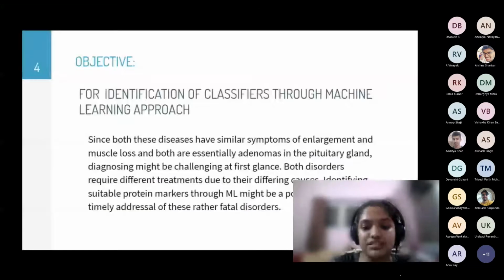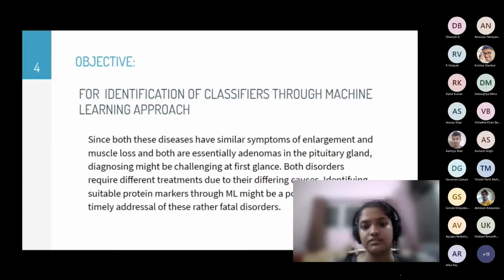When somebody goes to a doctor trying to address these symptoms, it would mostly be difficult to say at a glance whether a person is affected by acromegaly or Cushing's. Also, both of them being adenomas in the pituitary gland, it might be difficult even with some scans to say exactly whether it is acromegaly or Cushing's.